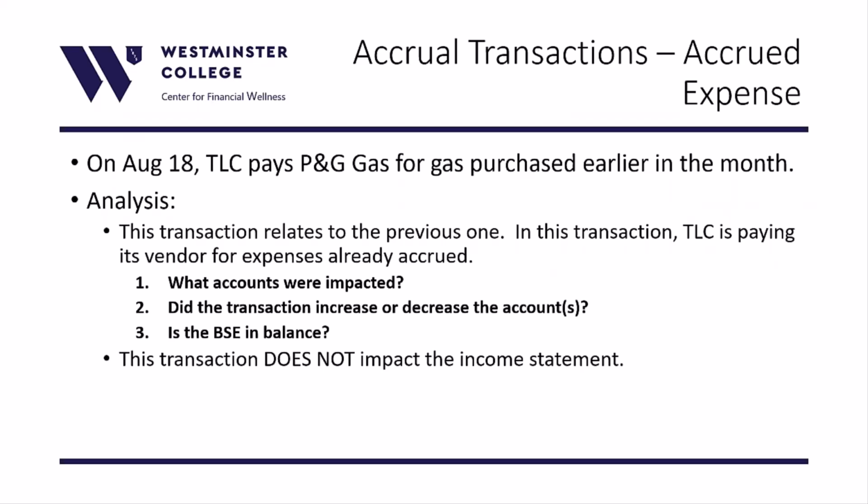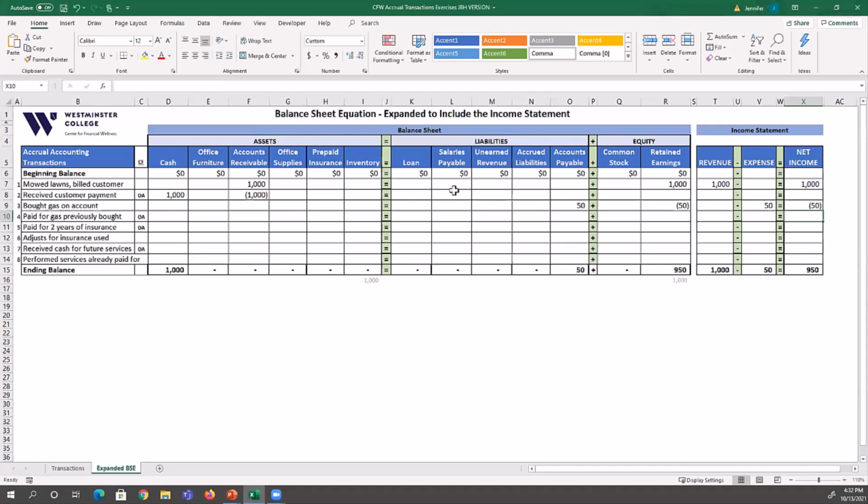All right, since TLC is paying the vendor, we're going to go ahead and look at our balance sheet equation and assume that our cash is going to be impacted. Okay, but since TLC already recorded the liability, we need to also reduce that liability, right? Because they don't owe it to the vendor anymore.